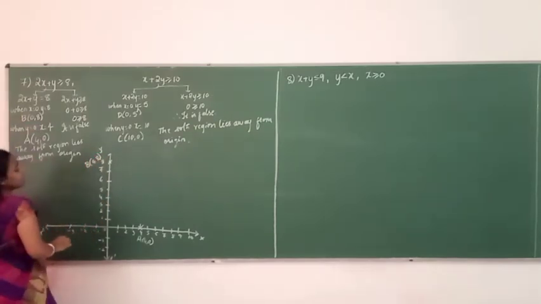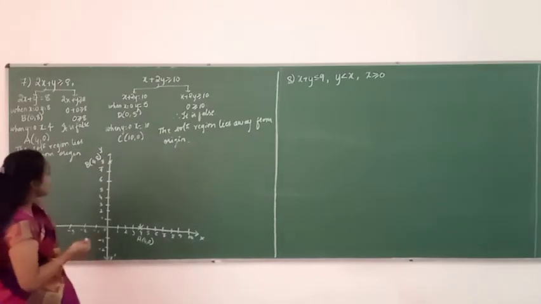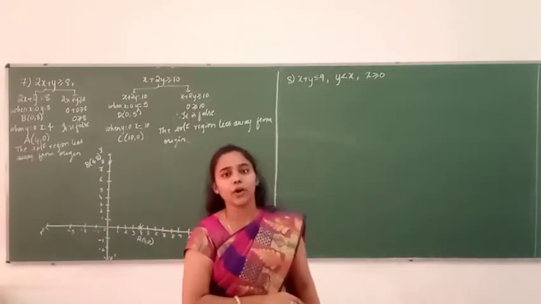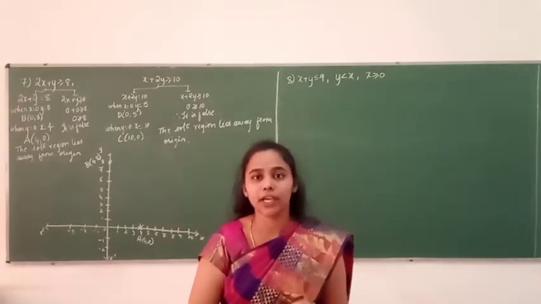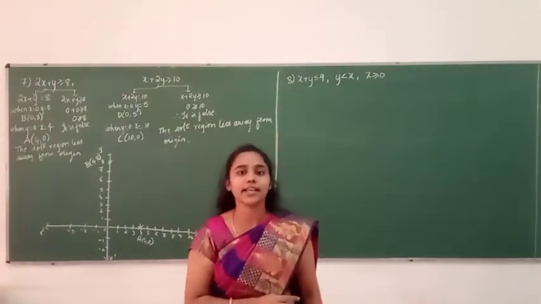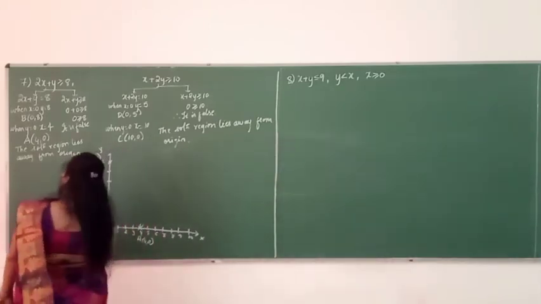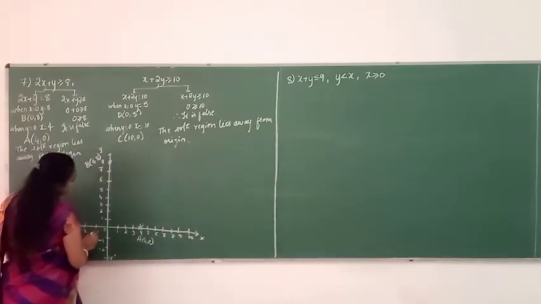It is greater than or equal to. I have frequently repeated that when it is greater than or equal to, or less than or equal to, it will be a bonded line. When it is less than or greater than, it will be a dotted line. So obviously here we will get a bonded line.